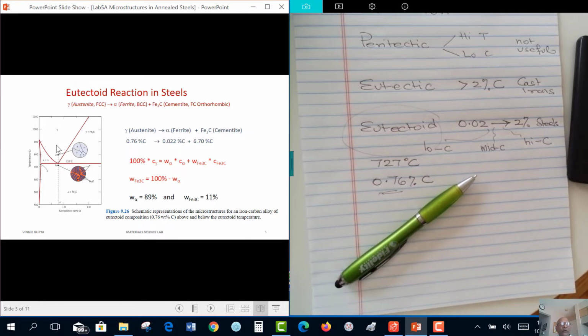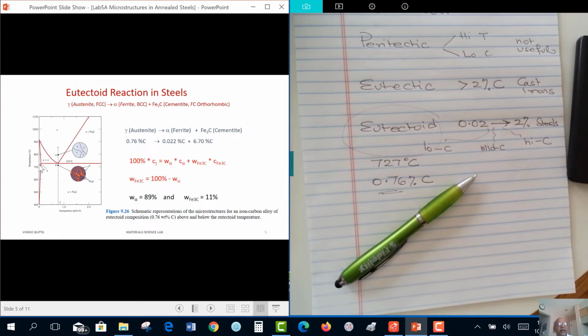And then as we cool it very, very slowly, just below 727 degrees at this point B, it should split up into these two phases, alpha ferrite and Fe3C cementite. So above the eutectoid temperature, point A, it is all austenite. Below point B, it is ferrite and cementite. Notice different crystal structures and they have different compositions.